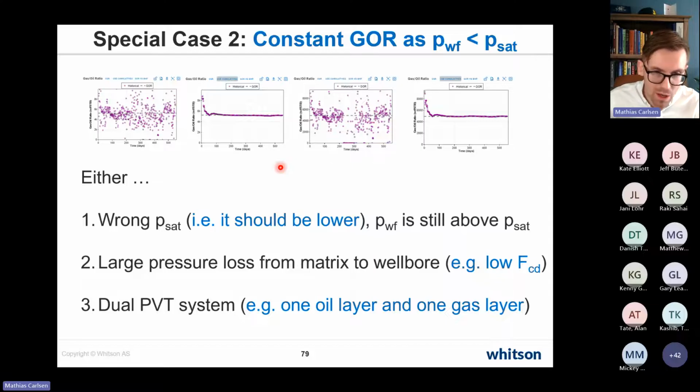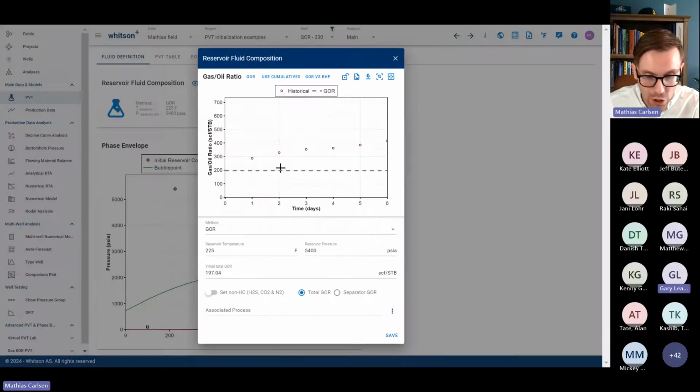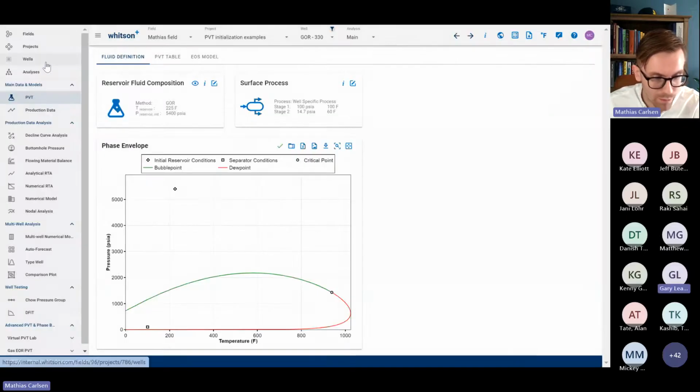So a good example of this can be a very low GOR oil that will have a very low saturation pressure, and for instance, a thin rim of dry gas. Together, if those fluids mixed in the wellbore and you sampled them at surface, they might look like a condensate if I brought it to the lab. And that makes it really, really complicated. So I'll show an example of all of these 3 different scenarios just in the software right here.